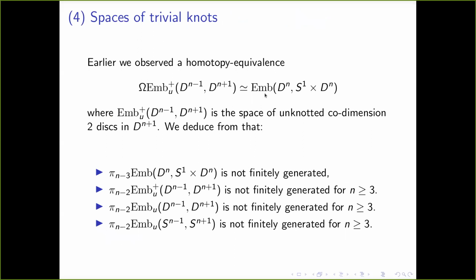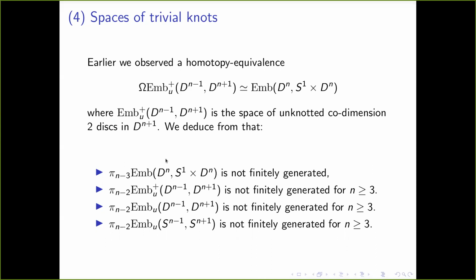So earlier we noticed that the space of embeddings of Dn in S1 cross Dn has the homotopy type of this space of unknotted embeddings of a codimension 2 disk, where there's a loop space parameter and there's this unit normal vector field parameter. So if we just go with that for a moment, we know that this homotopy group is not finitely generated.